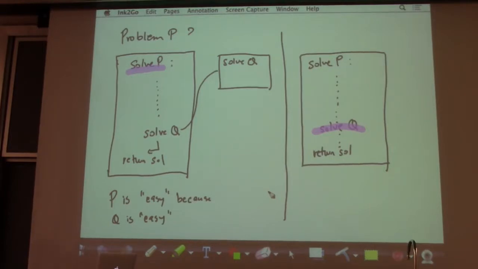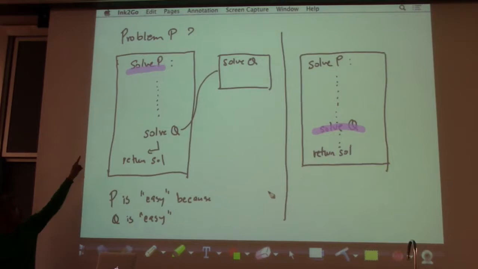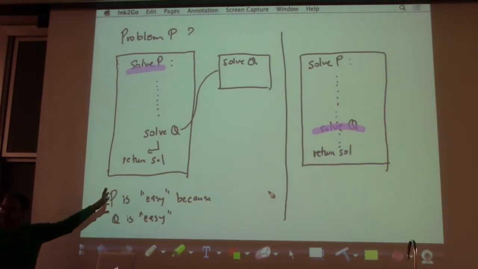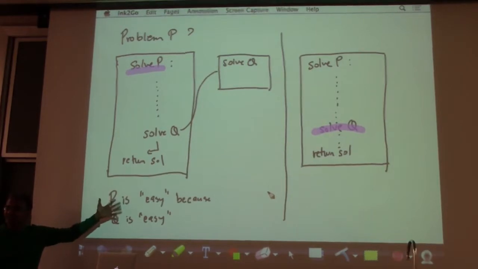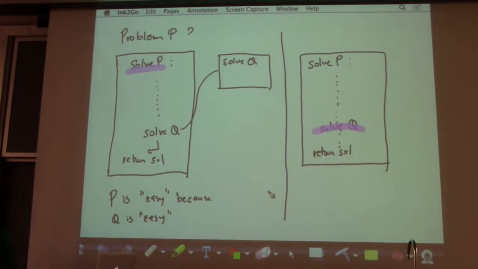But suppose I know that P is actually hard, someone told me P is actually quite hard. I shouldn't be able to do this, because someone told me P is hard. The only way to resolve that problem is if Q was actually not easy, because then I have not changed the world.